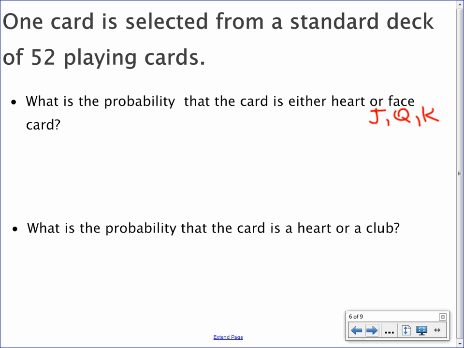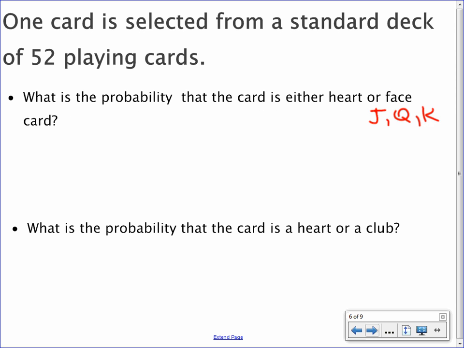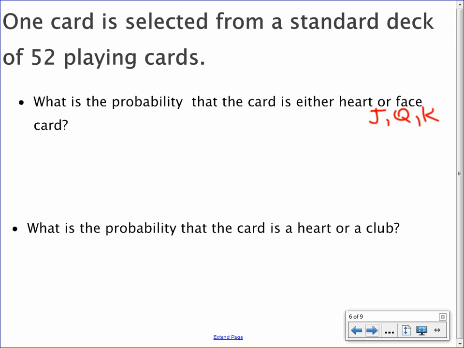It is just a high card. So, we're talking about or here. Are these events mutually exclusive? No, because we can have a face card that is a heart.